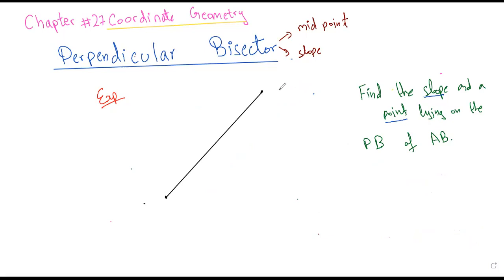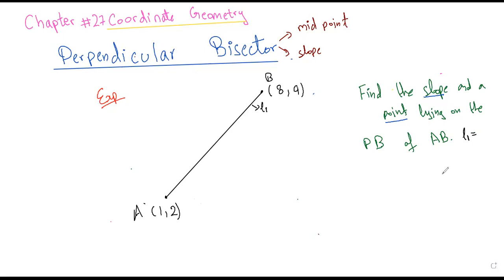This point has 8 and 9, and then this point has 1 and let's say 2. This is A, and this is B, and this is L1. So you have been told that L1 has a slope.